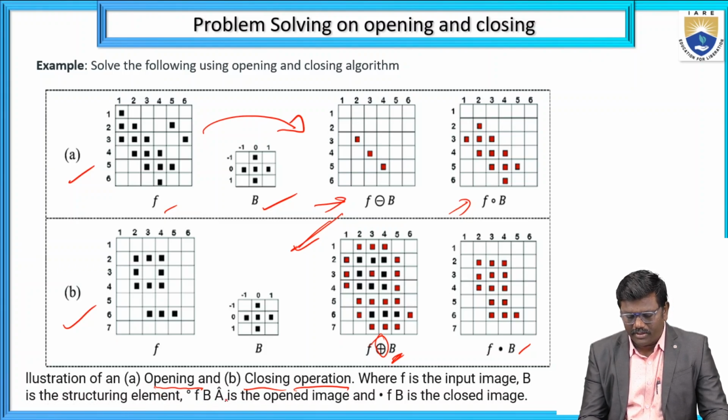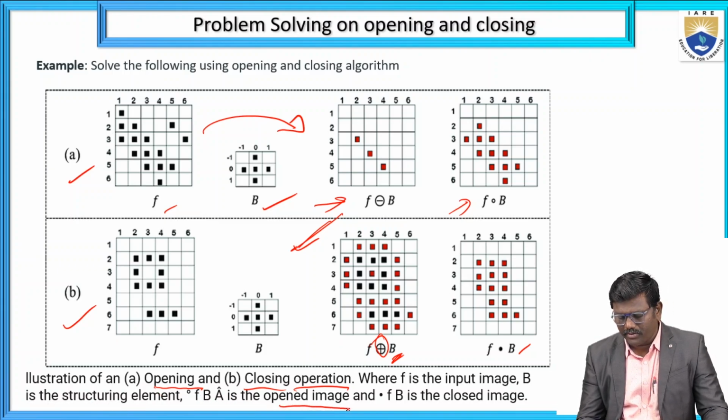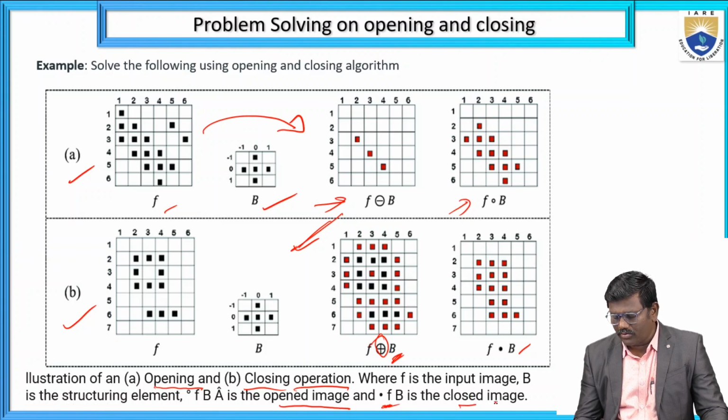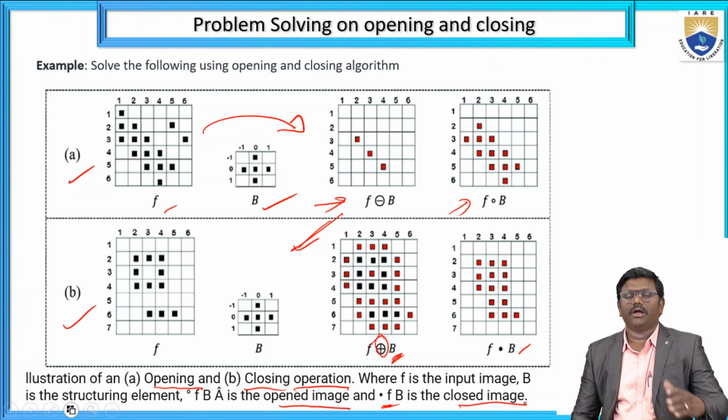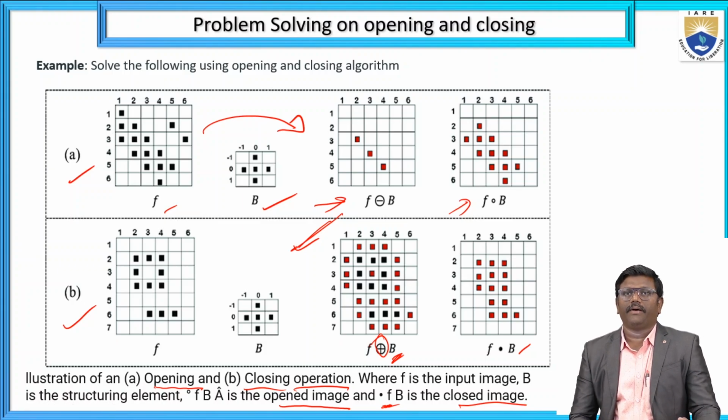F circle B is the opening image, and F dot B is the closing image, which we got. This simple method of solving the operation follows the previous discussion.